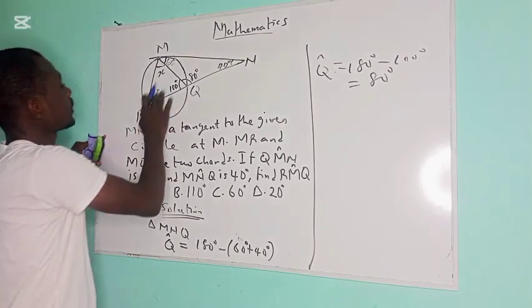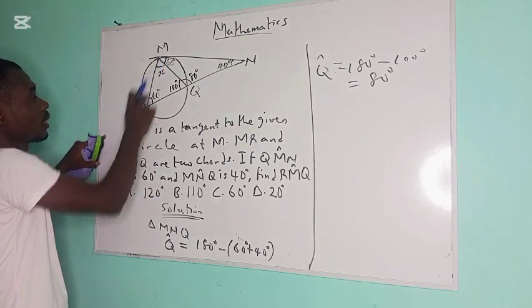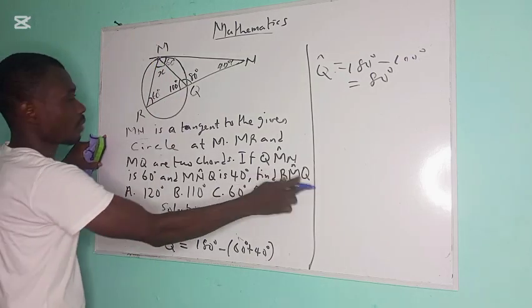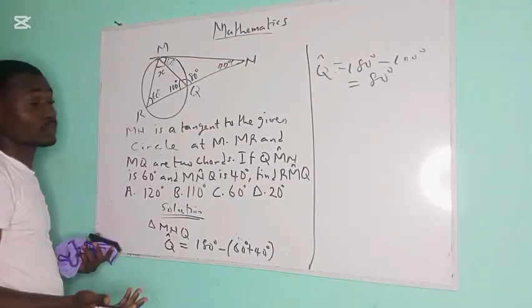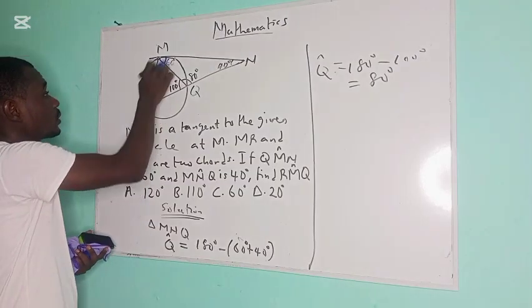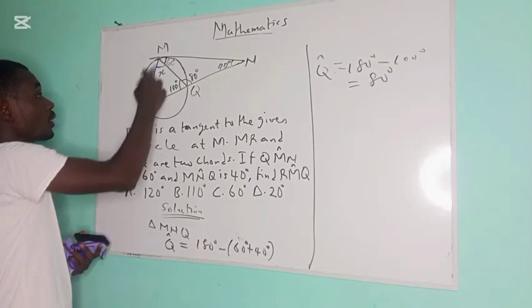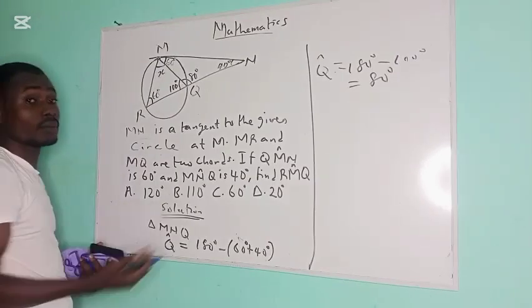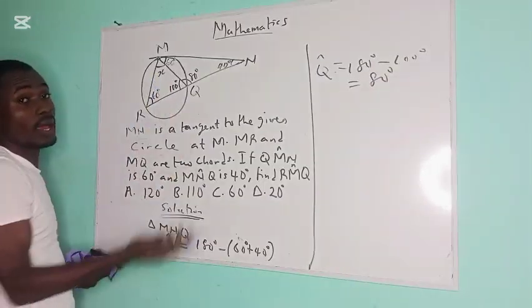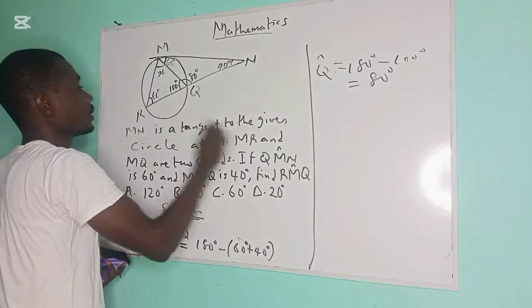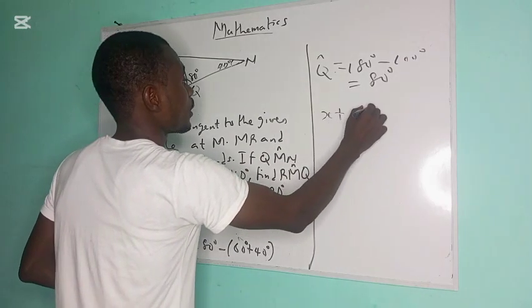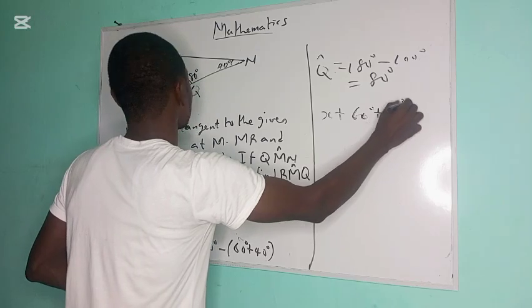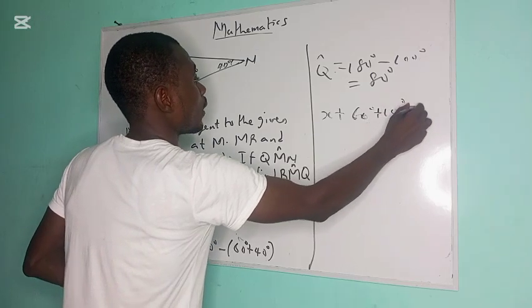So now what else? We are looking for x, RMQ. Our problem is, I think, solved now. So what do we do? We just add everything together and equate it to 180, the sum of angles in the triangle, and we get our x. So x plus 60 degrees plus 100 degrees is equal to 180.